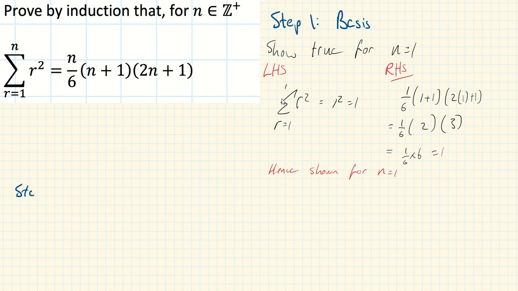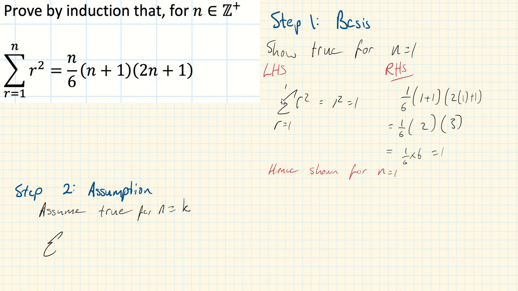Our second step, which I'll do in the bottom left, is our assumption step. For this, we are just stating that we want to assume true for n equals k. So assume true for any n equal to k.